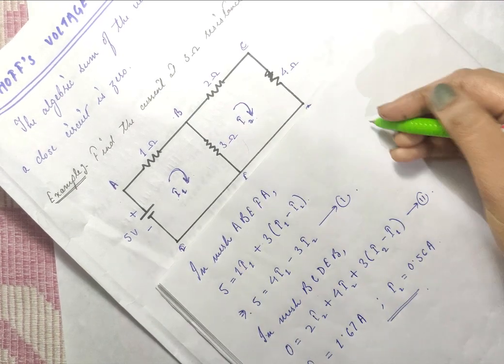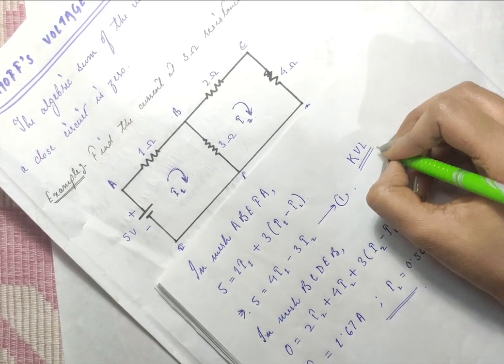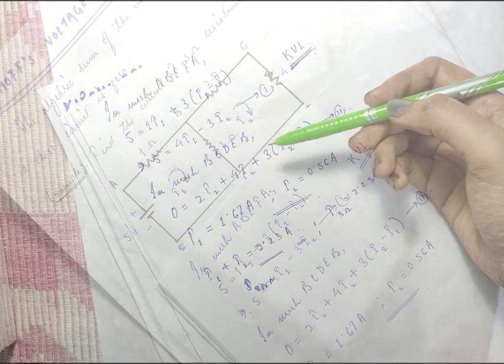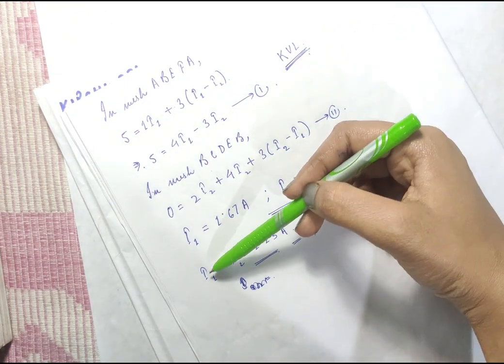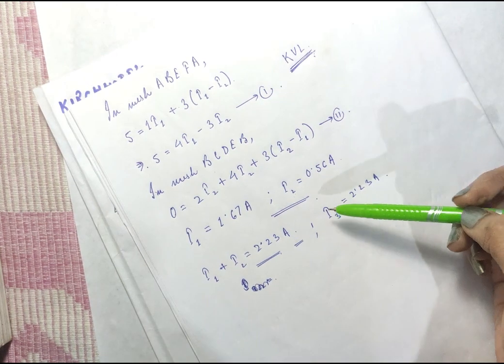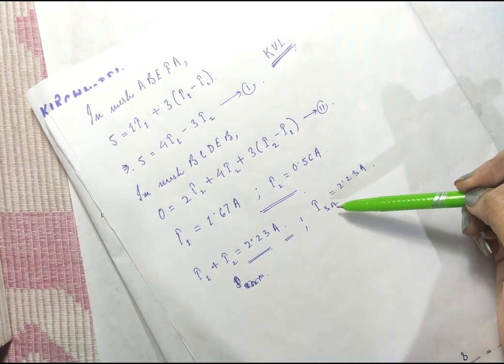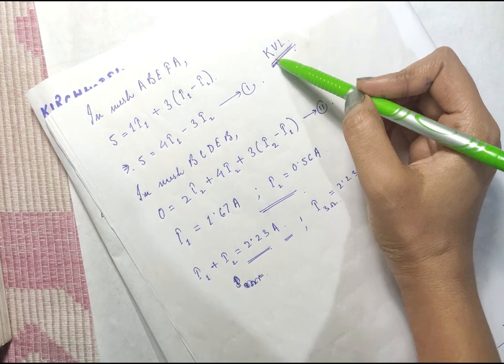So after getting I1 and I2, we will add both these currents, I1 plus I2. We will get 2.23 ampere, that is, the current through the 3 ohm resistance will be equal to 2.23 ampere. That was KVL.